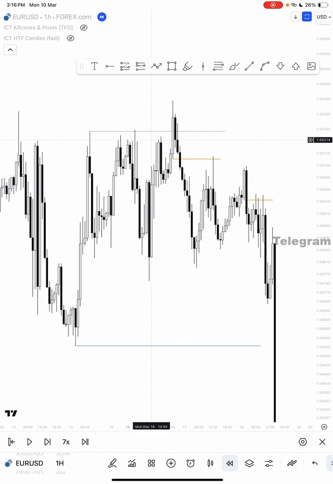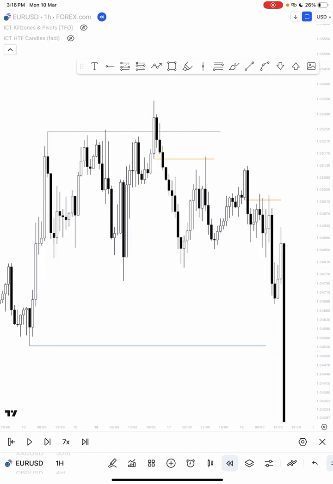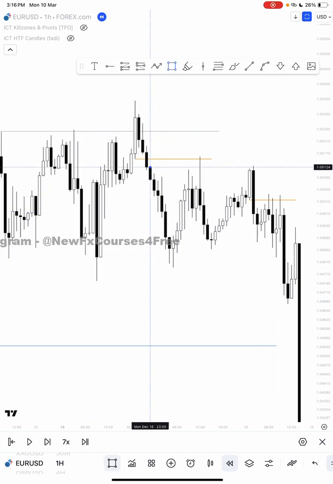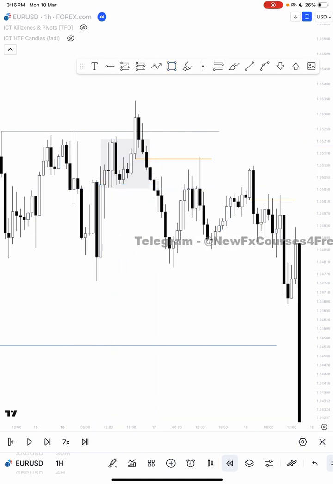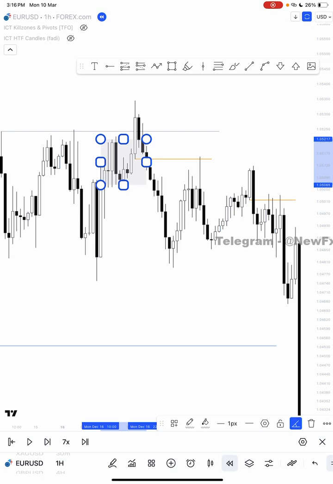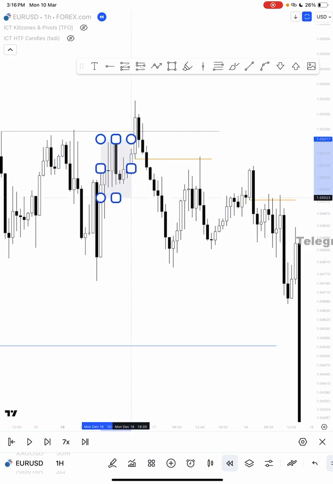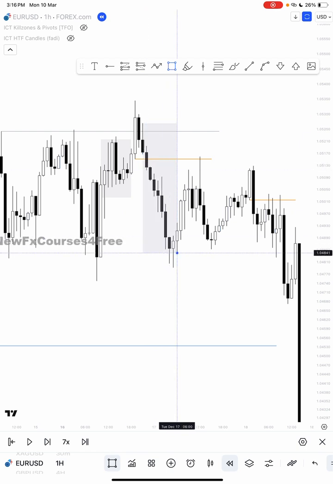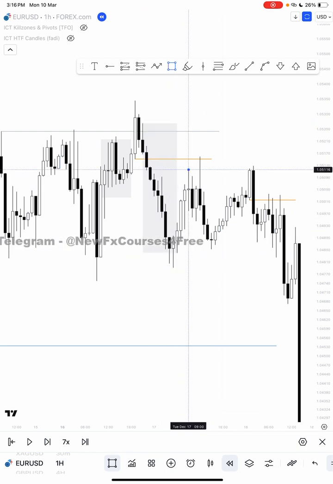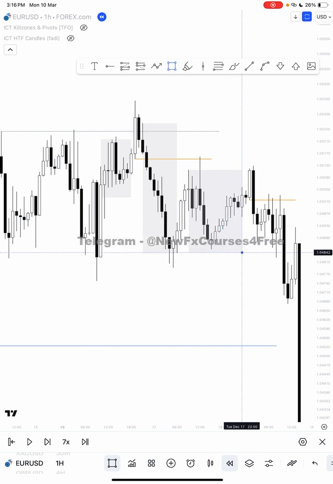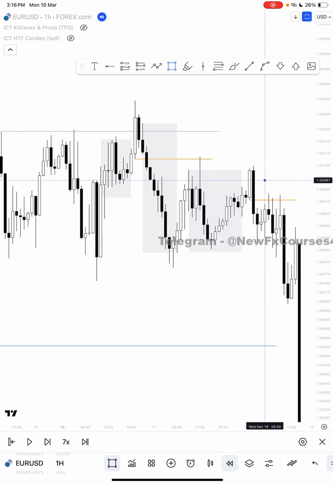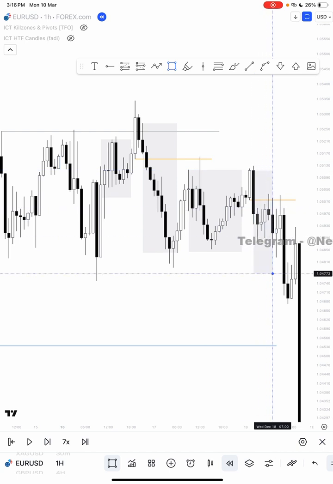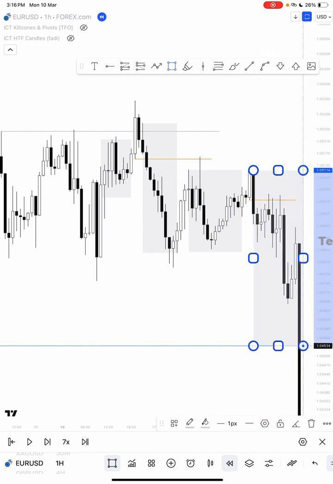So range, trend here. Let me show you guys. So here is the range, and here is the trend. So here is the range, generation of interest, and here is the trend.